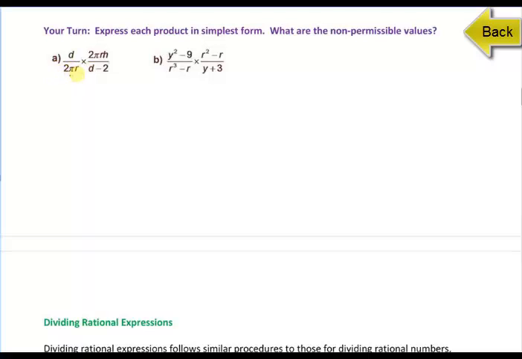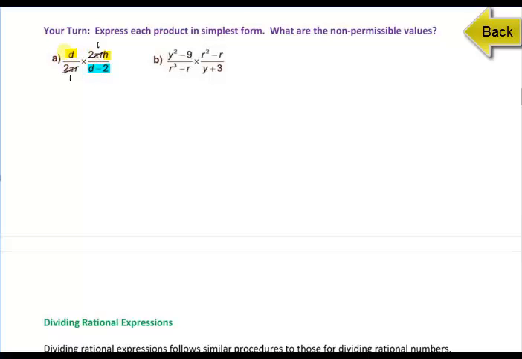But if you take a look, you've got a 2 pi r in the denominator here, and you have 2 pi r in the numerator here, and they fit into each other once, right? And so what you're left with is a d here and an h over here, and in this denominator d minus 2.